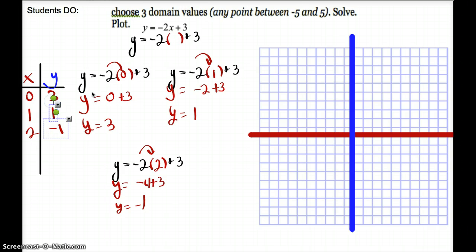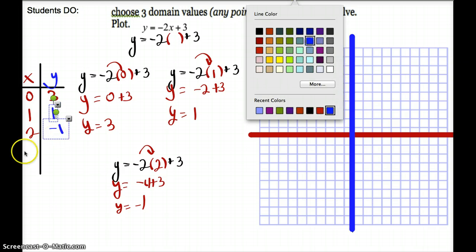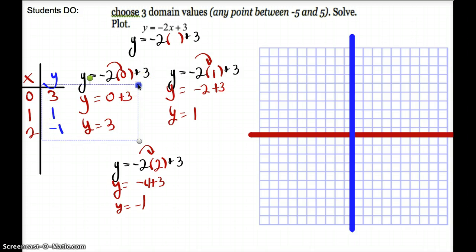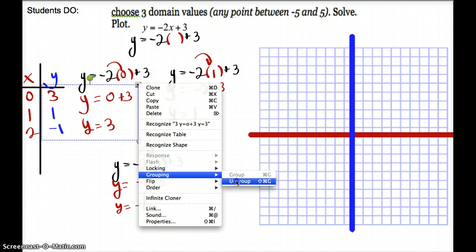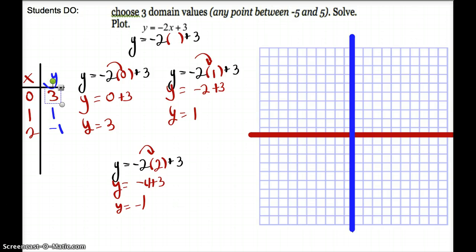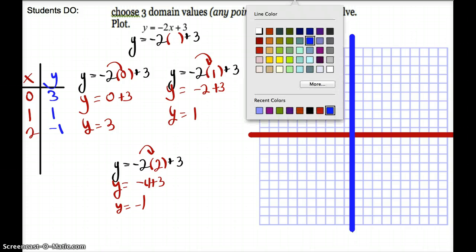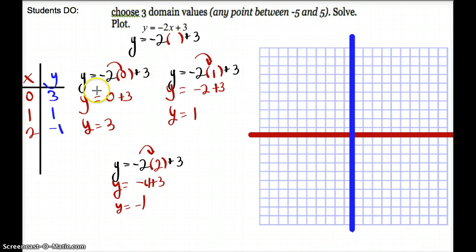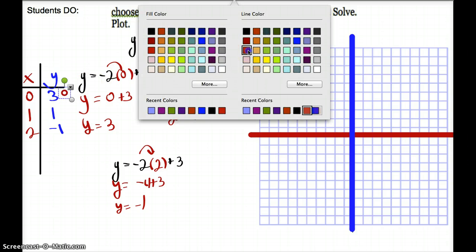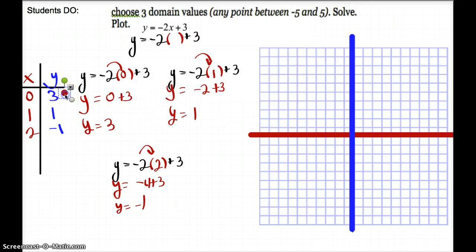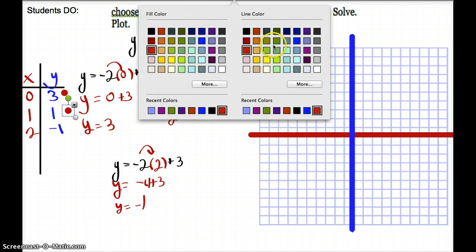So these should all be blue. This one should also be blue. Okay, so 3 dots again. Let's make this red. I'll make this one blue.